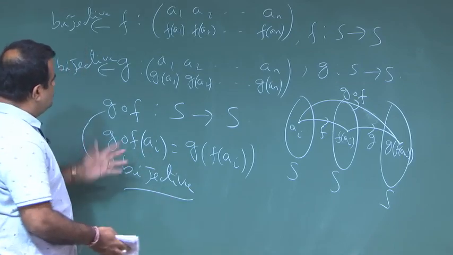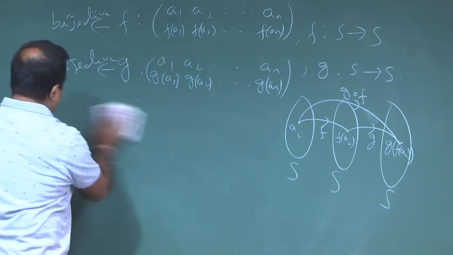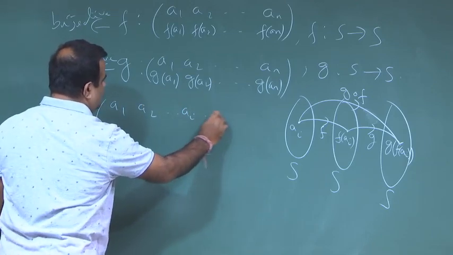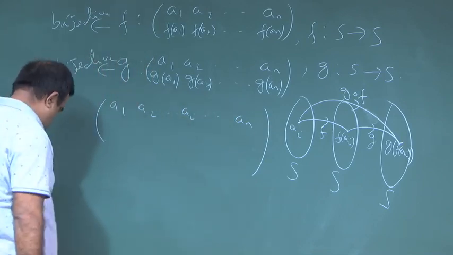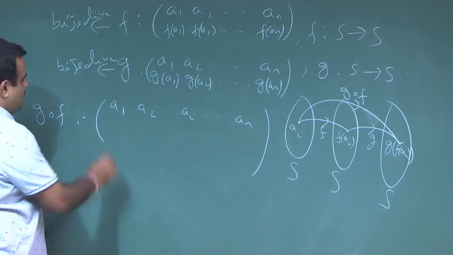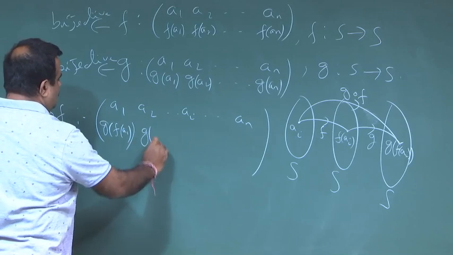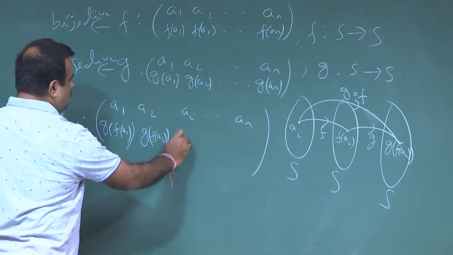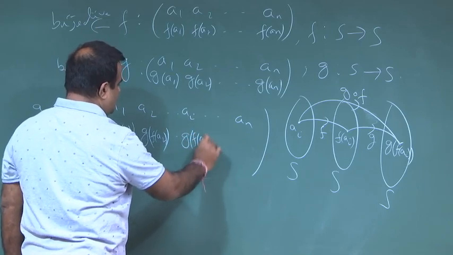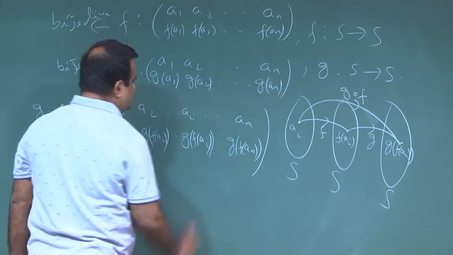We write it as a1, a2, a_i, an mapping to g of f of a1, g of f of a2, dot dot dot, g of f of a_i, g of f of an.